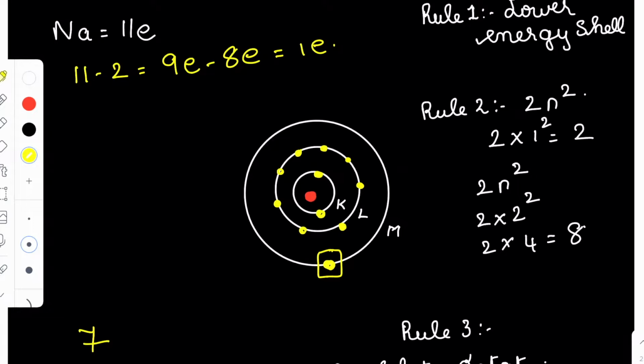Now, let's come back to what valency is. The combining capacity of this electron. So, this electron in the outermost shell is waiting to combine with another element to complete its octet.